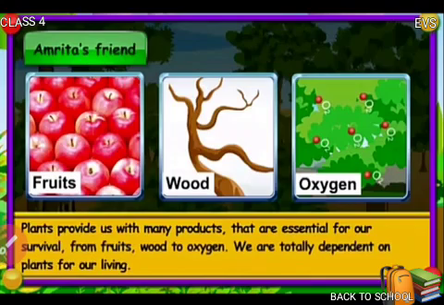So what can you conclude? We can conclude that plants and trees provide us many products like fruits, vegetables, wood, oxygen. And you all know oxygen is very much important for our breathing process. Without oxygen we can't imagine even to think, we can't imagine even to live.